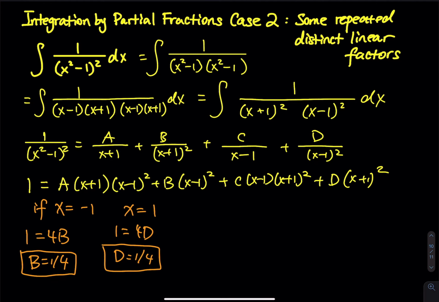And then what about x equals 0? I know x equals 0 is not a convenient value. Since we have 4 letters, I do want to reduce this a little bit. So what if x is equal to 0?